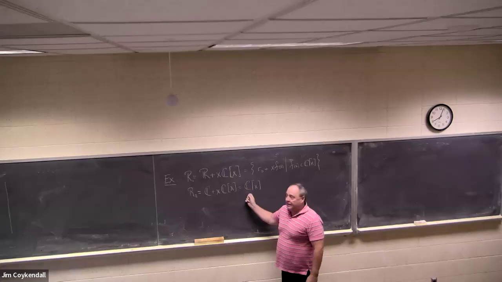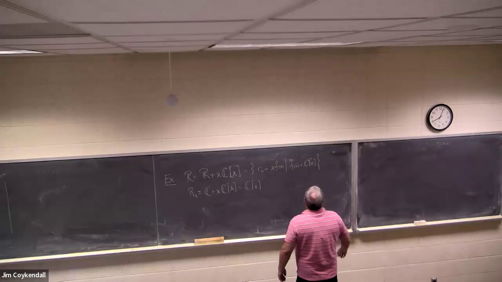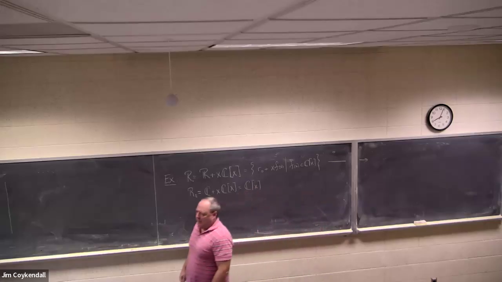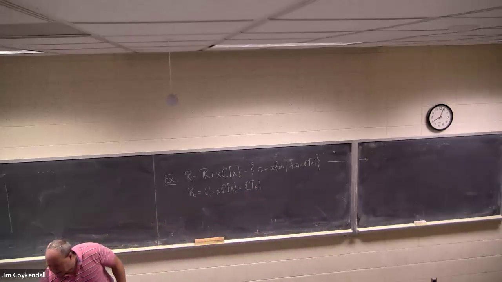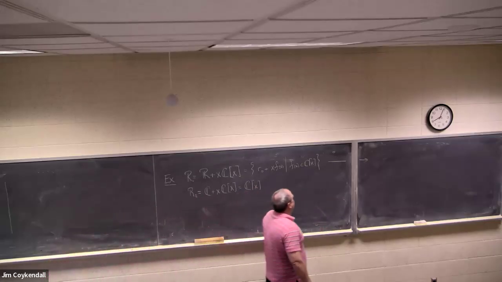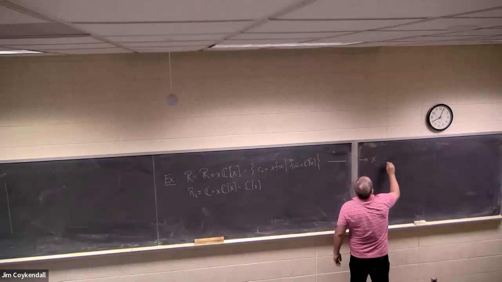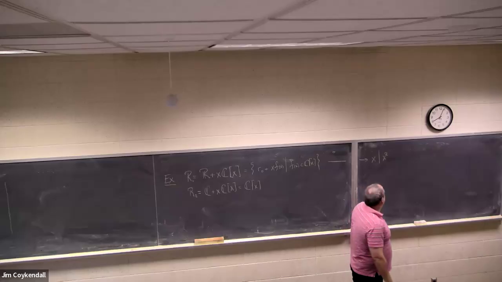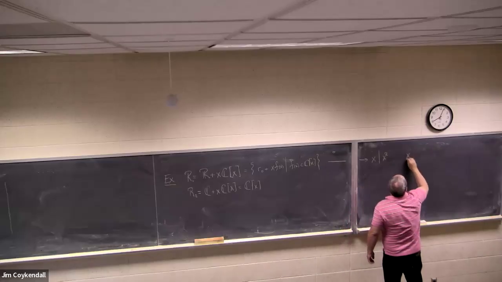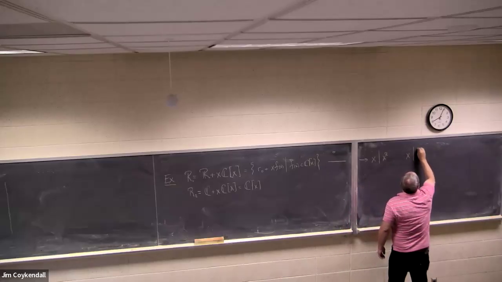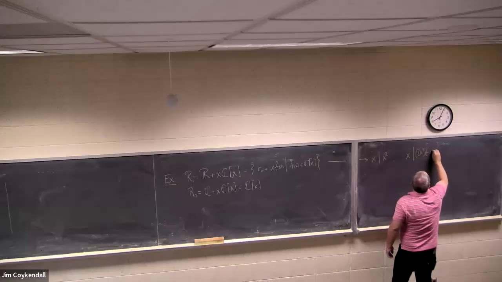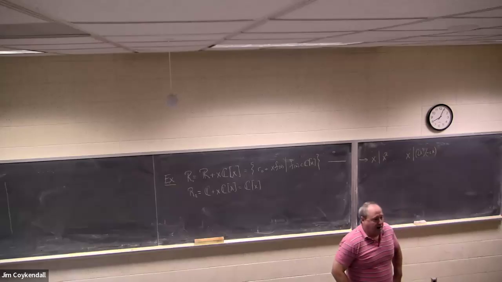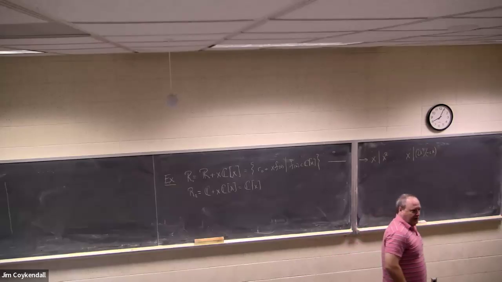Notice here, oh, and it's not prime because in this ring right here, notice that x divides that product, but it doesn't divide the individual i, right?